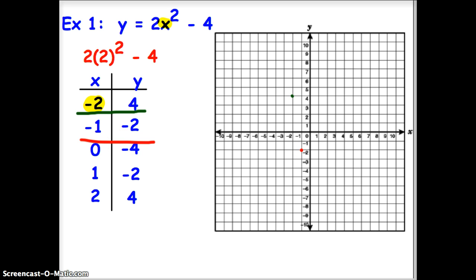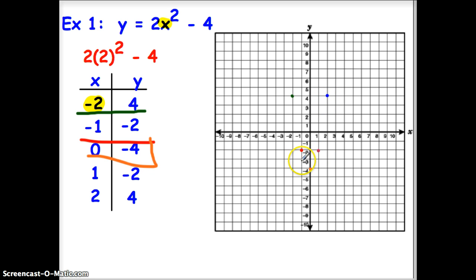Third ordered pair is 0, negative 4. So over 0, down 4. Fourth ordered pair is 1, negative 2, so over 1, down 2. And the fifth ordered pair is 2, 4. Over 2, up 4.